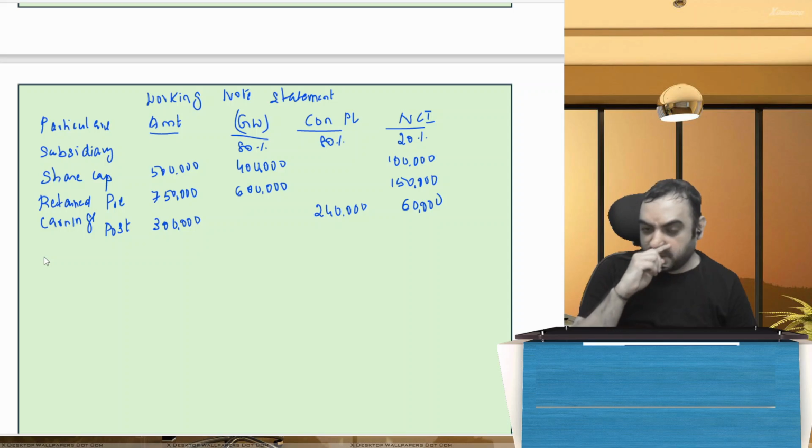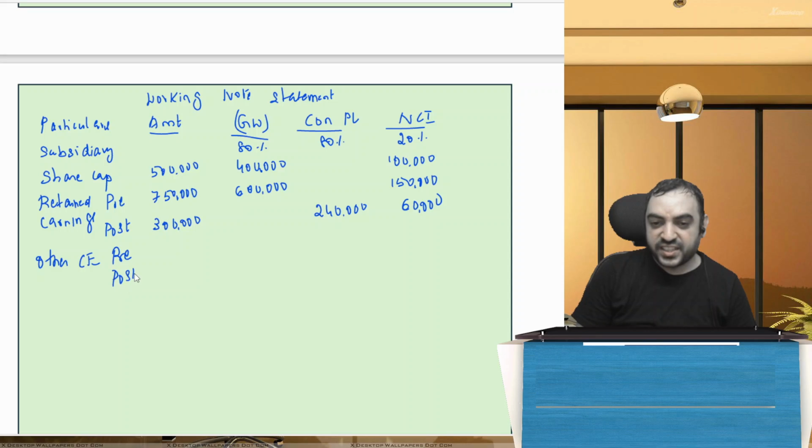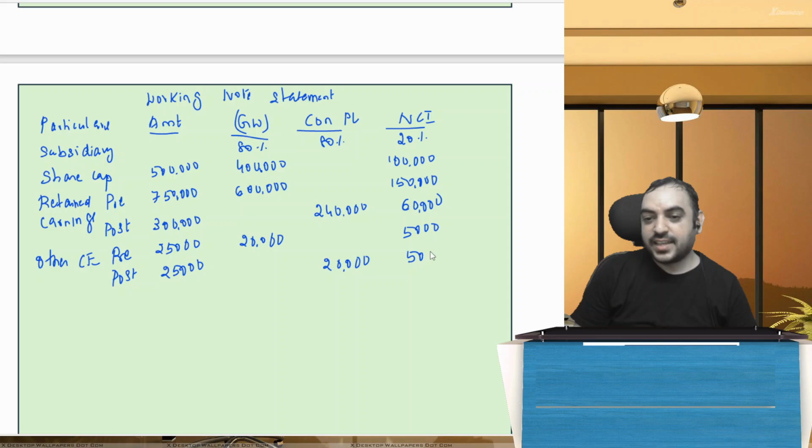Then we have other components of equity. Again, pre and post, I think both were 25,000 each. Pre 25,000, 80% is 20,000 and 20% is 5,000. And similarly, post acquisition 20,000 and 5,000.